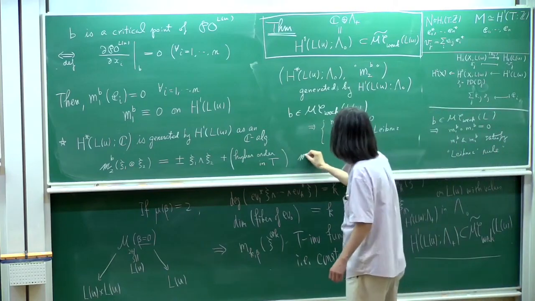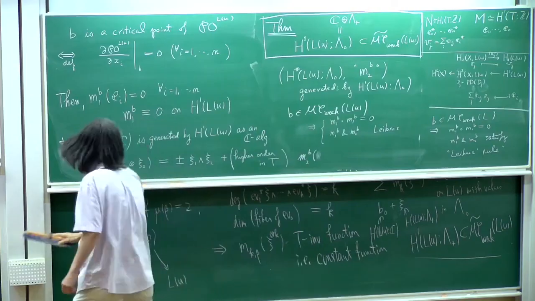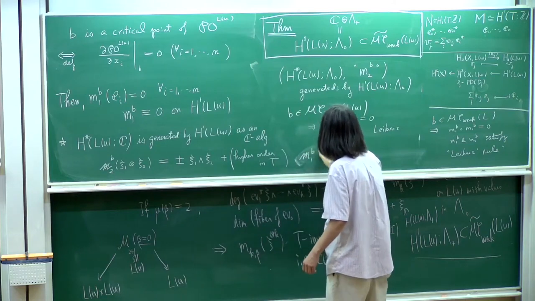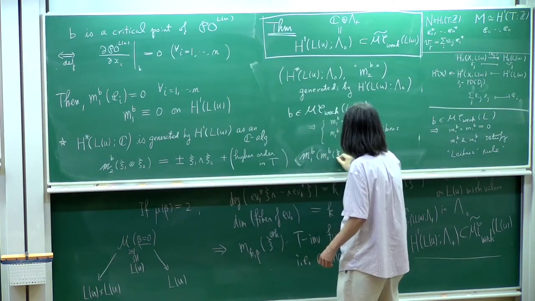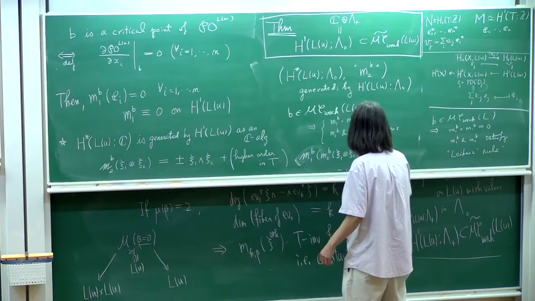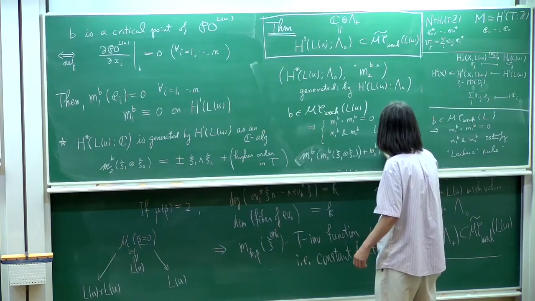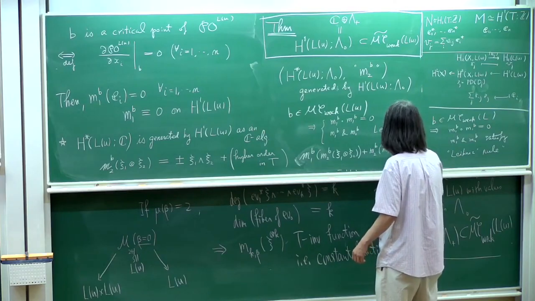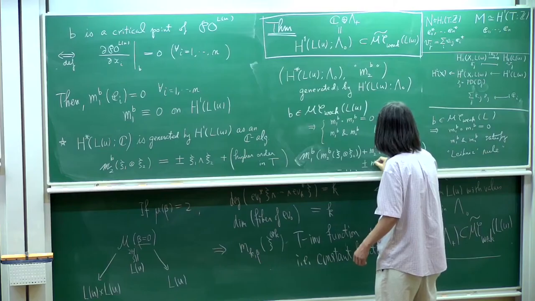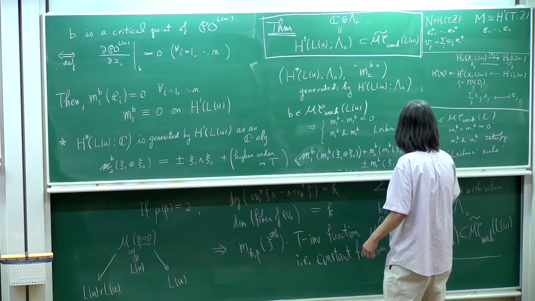So namely, m_1^b of m_2^b of xi_1 tensor xi_2, plus or minus m_2^b of m_1^b of xi_1 tensor xi_2, plus or minus m_2^b of xi_1 and m_1^b of xi_2, is equal to 0.